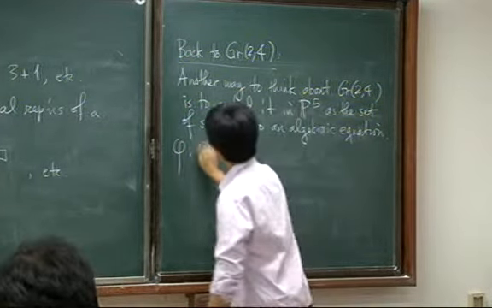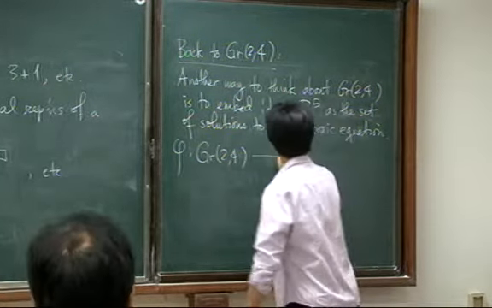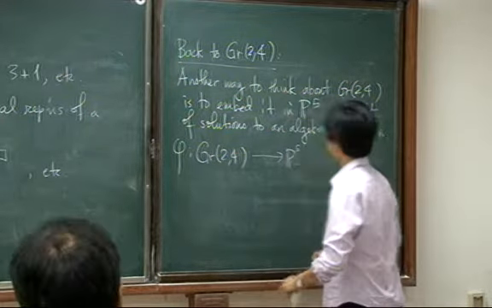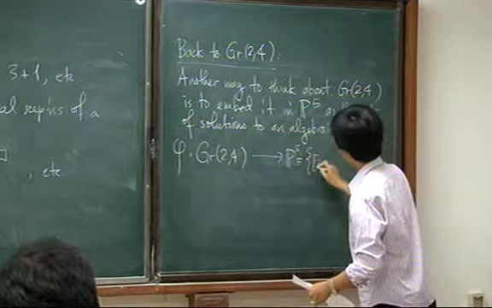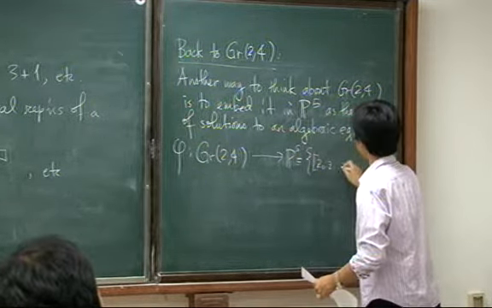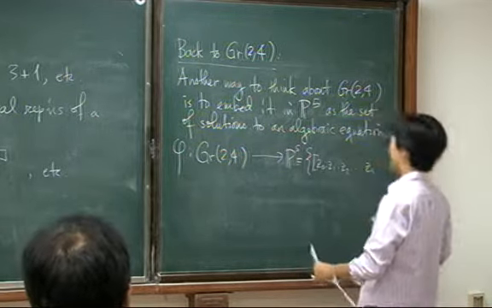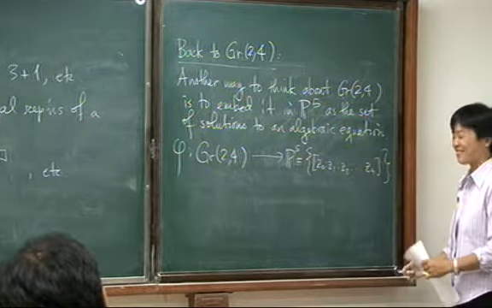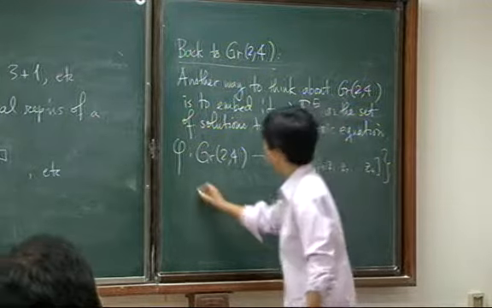Here's phi, it's going to give you the embedding. Here's the Grassmannian. I'm going to do this very explicitly, giving you actual coordinates. So P5, I'm going to write it as Z0, Z1, Z2 up to Z5. And here's what we do.